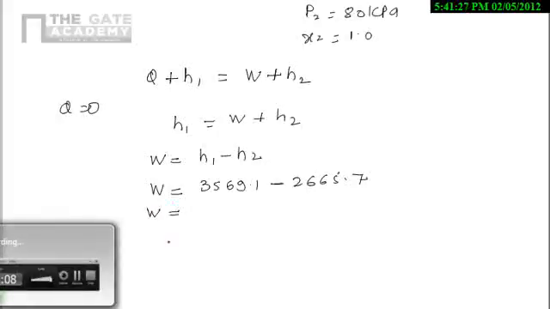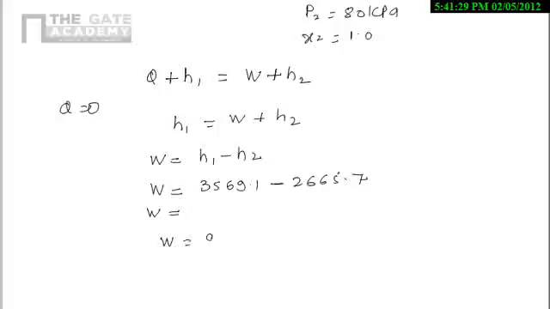So we can write W equals 903.4 kilojoule per kg. So that is the value of W. But here we are interested in power. So we are having the work done in terms of kilojoule per kg.